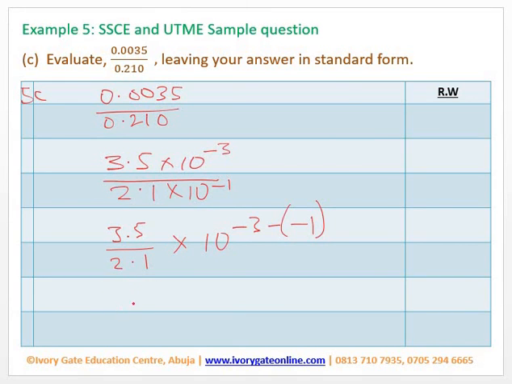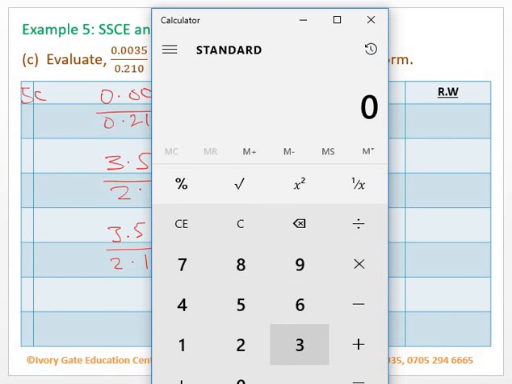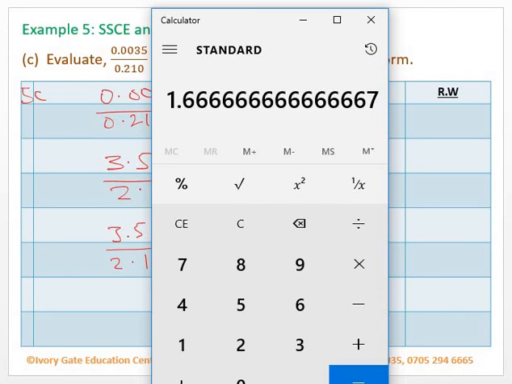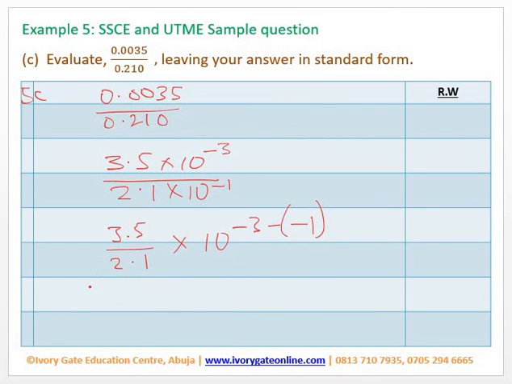So this gives us, we pull our calculator here. Here we have 1.666. It continues, so we cut it here and say times 10 raised to power minus 3.